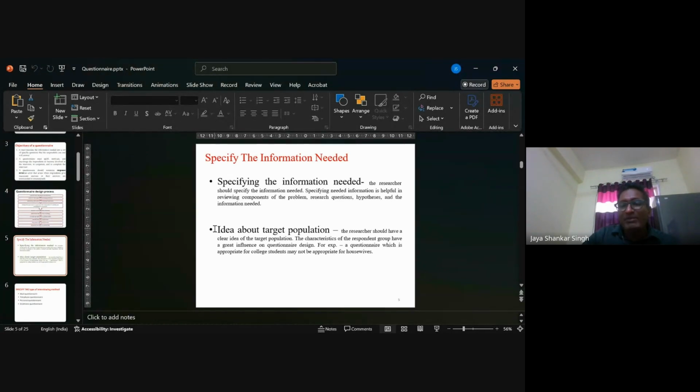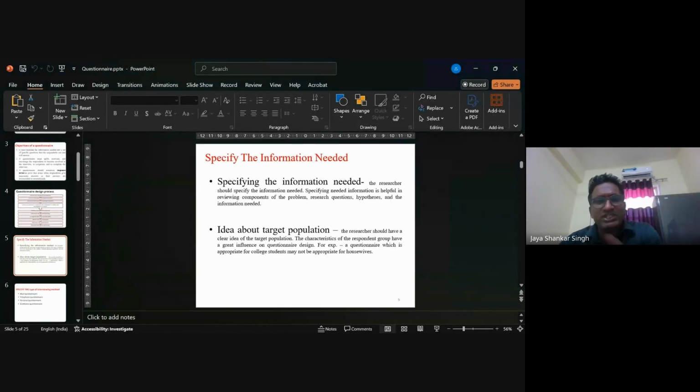So you have to understand the target population, whether they will understand the context or not, is it appropriate for them or not. You're collecting data from a college student or school student, so you have to make sure those questionnaires are appropriate for them based on their age, profession. So it's very much important to understand the target population.